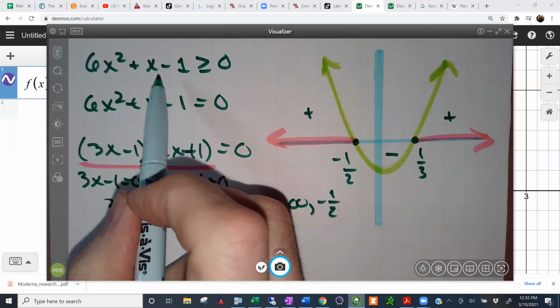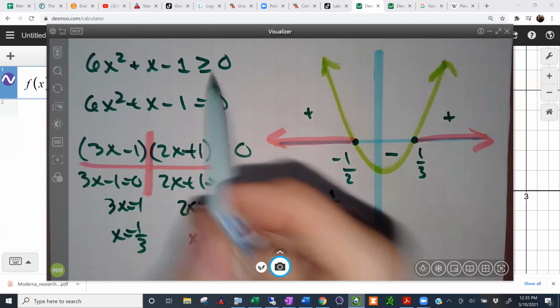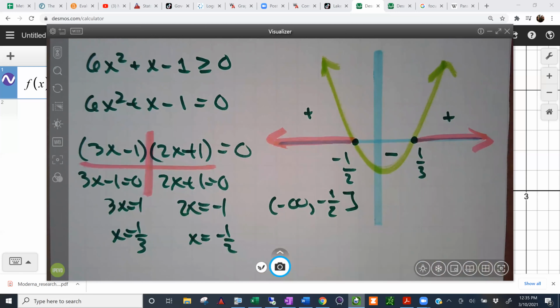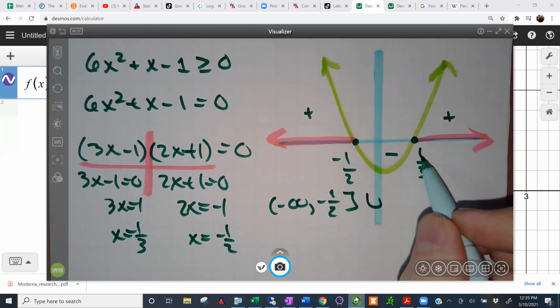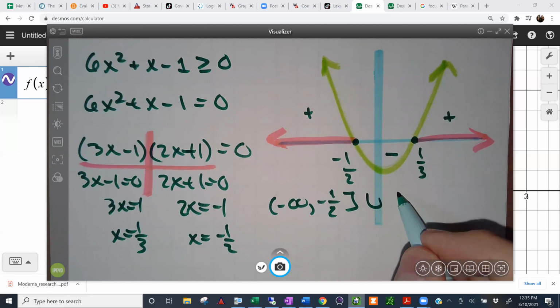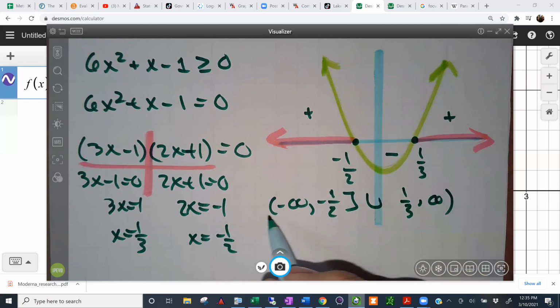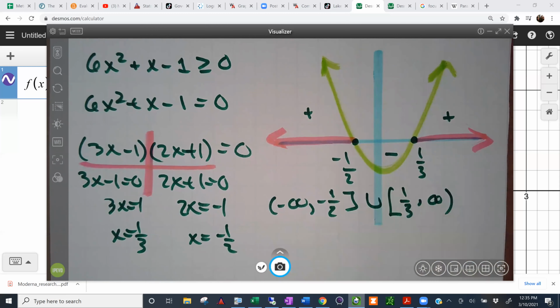And since 0 is greater than or equal to 0, I can use that point. I'll use the endpoint, so I'll use a bracket. Union, this next interval would be 1/3 to infinity. Infinity and negative infinity always get a parenthesis. This one again is going to get a bracket because I can use that 1/3. So there's my solution.